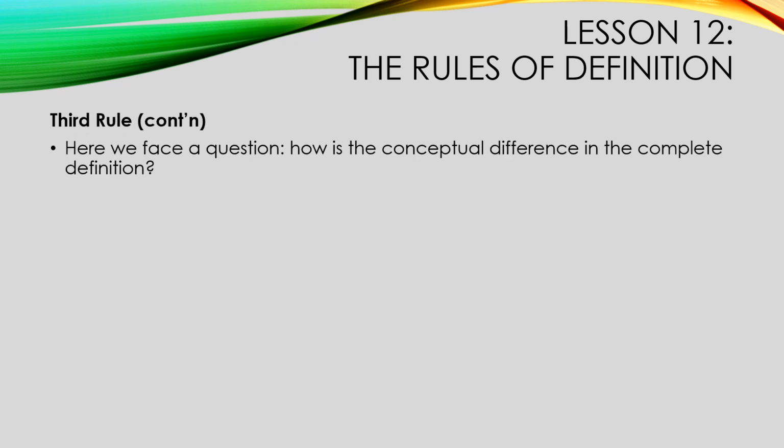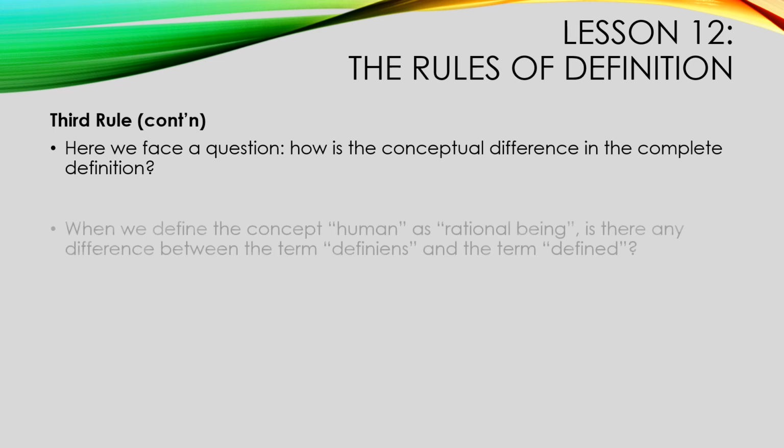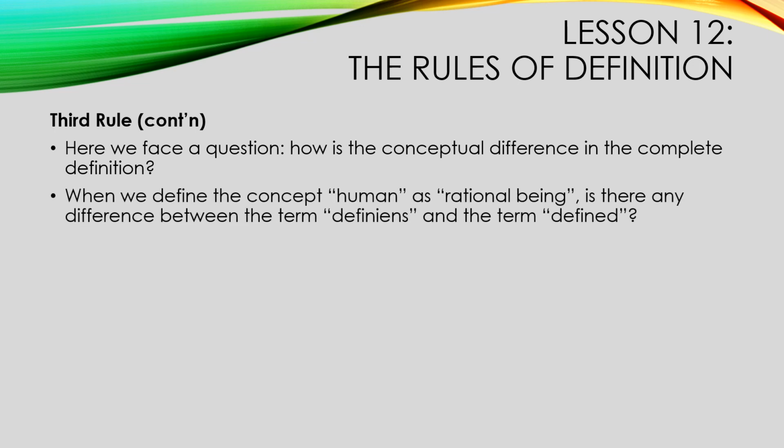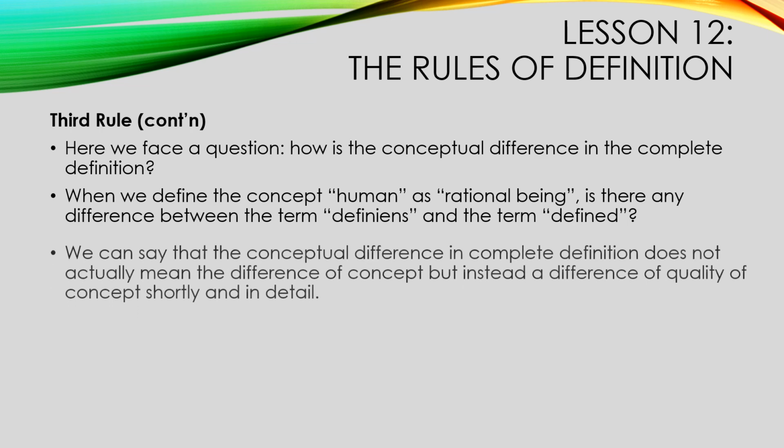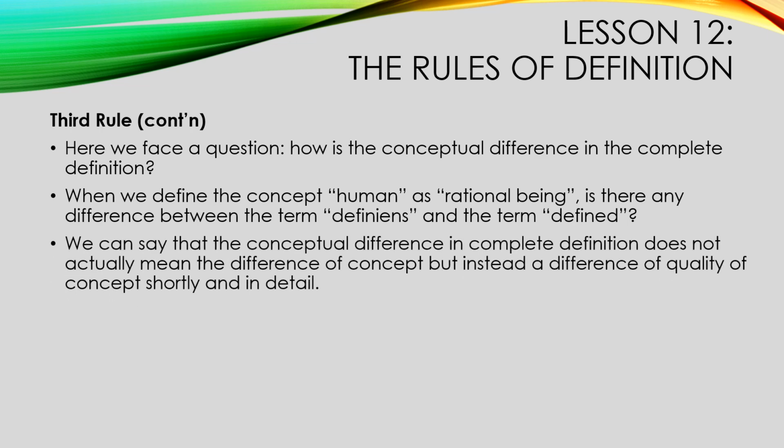Here, we face a question. How is the conceptual difference in the complete definition? When we define the concept human as rational being, is there any difference between the term definitions and the term defined? We can say that the conceptual difference in complete definition does not actually mean the difference of concept, but instead a difference of quality of concept, shortly and in detail.